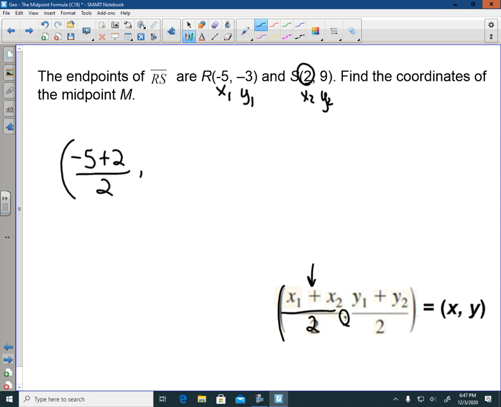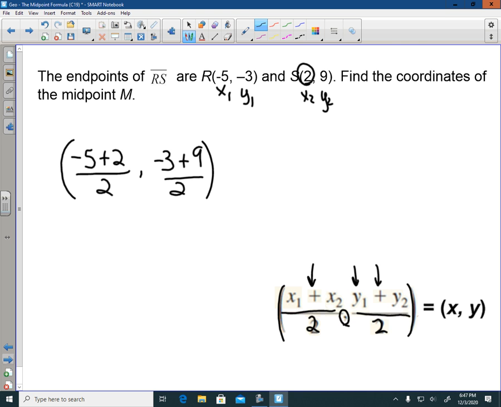And so you're going to need a comma between the x values and the y values. Now you're going to find the value of y1. Do you see it in the problem above? y1 is -3. The formula says add, so we will. And then we need the value of y2, which is 9. And then all of that over 2. And then close off your parentheses.